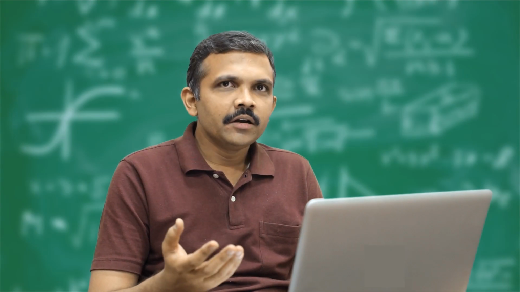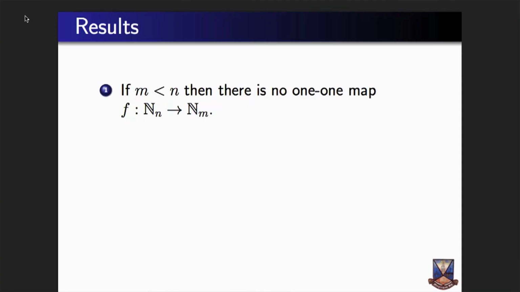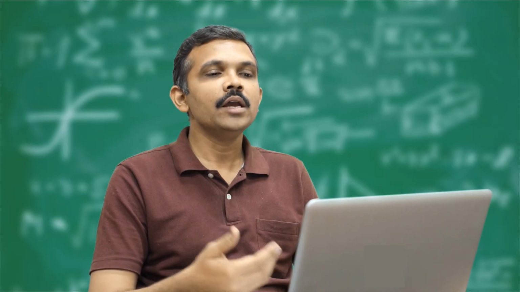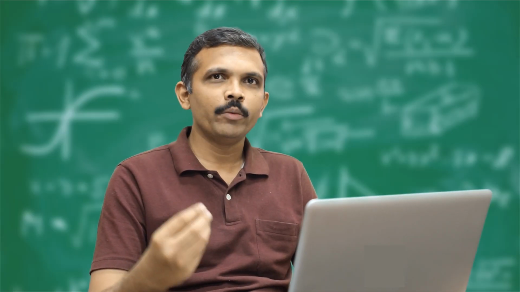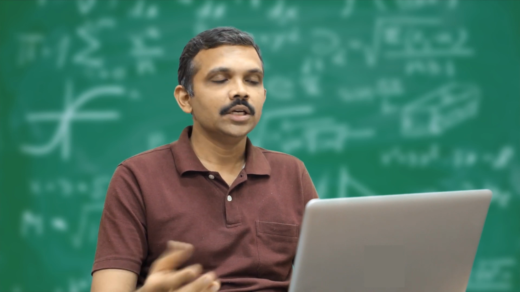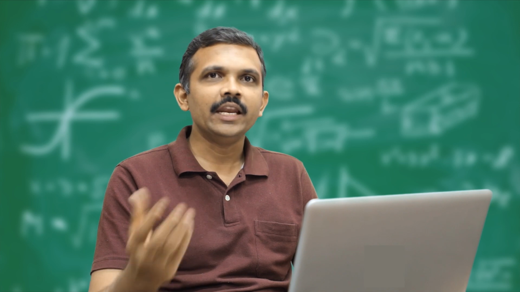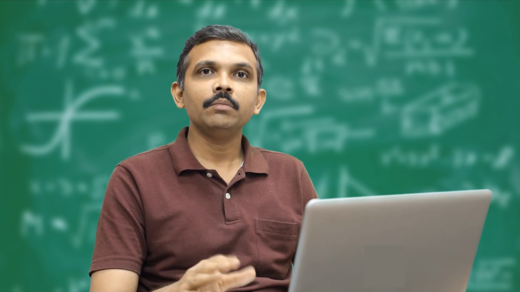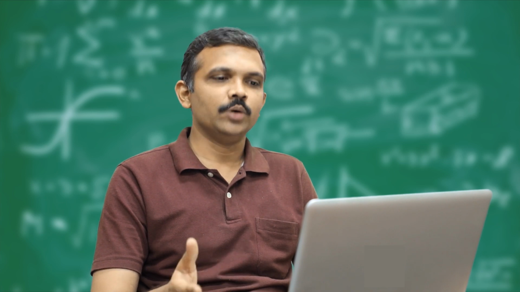Intuitively it should be clear, because my domain has more elements than the codomain, and hence there cannot be a one-one map, because one-one means each element in the domain should have a different image, which is not possible because the codomain has fewer elements. But this result can be precisely proved, and I am sure you must have done it at your undergraduate level.